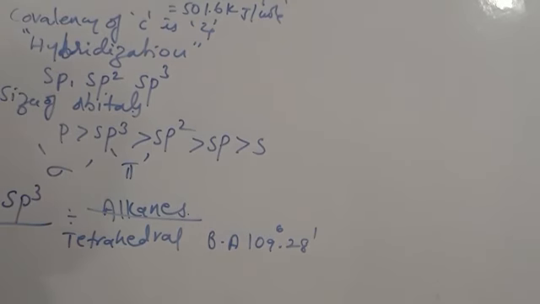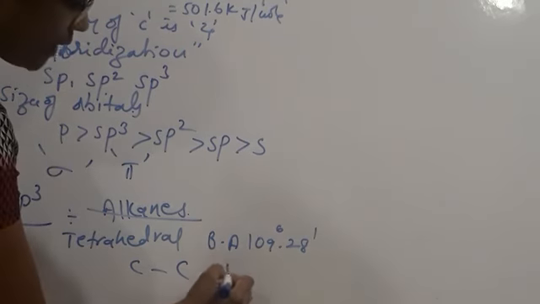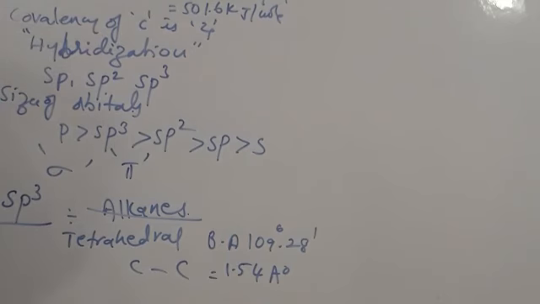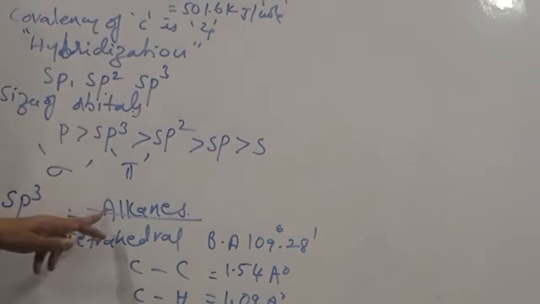Then bond length. The carbon-carbon single bond length is 1.54 angstrom units. And the carbon-hydrogen bond length is 1.09 angstrom units. Then coming to bond energy, the carbon-carbon single bond is there in alkanes.